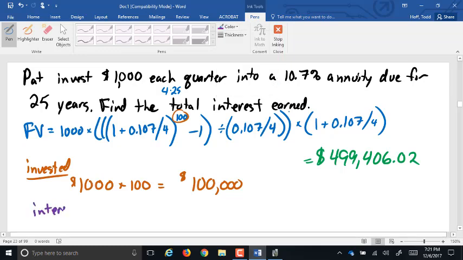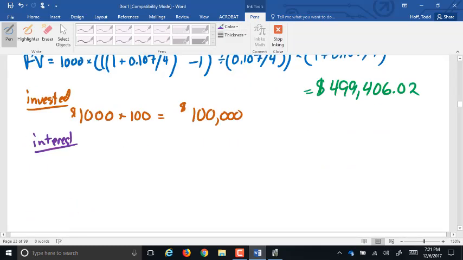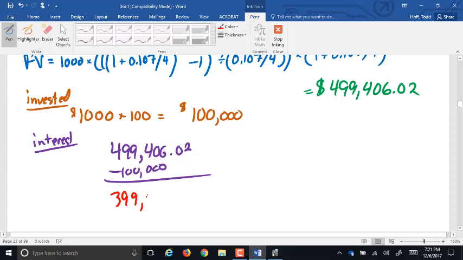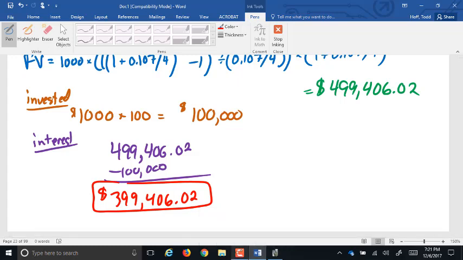So then the interest, yep, we subtract $499,406.02 minus $100,000. Yes, we get $399,406.02. So interest definitely did most of the work there for him. It is break time. Let's go ahead and take our break. We'll be back at 7:31.